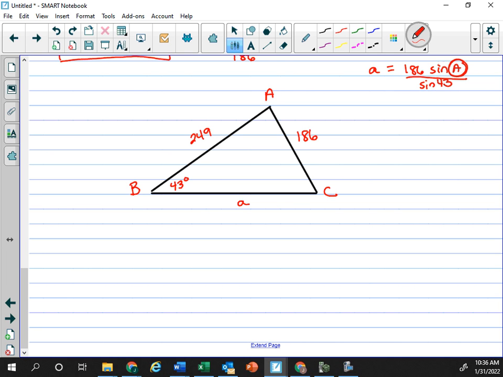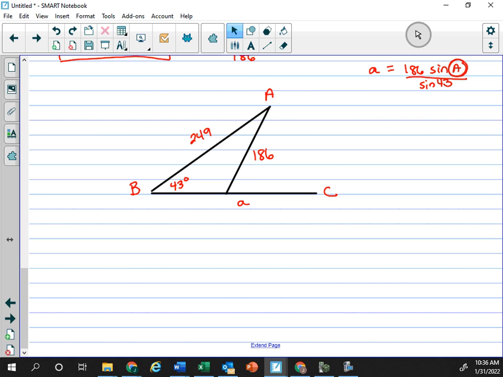Okay. What happens, the rope swing side over here, it moves. The side that's 249, the length of that cannot change. The angle that is 43 degrees can't suddenly be a different size angle. This can move. It is still 186. Okay. Little a, do you see how it's gotten a lot shorter?